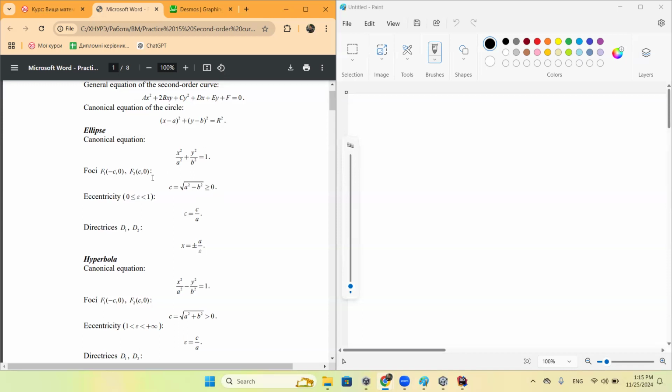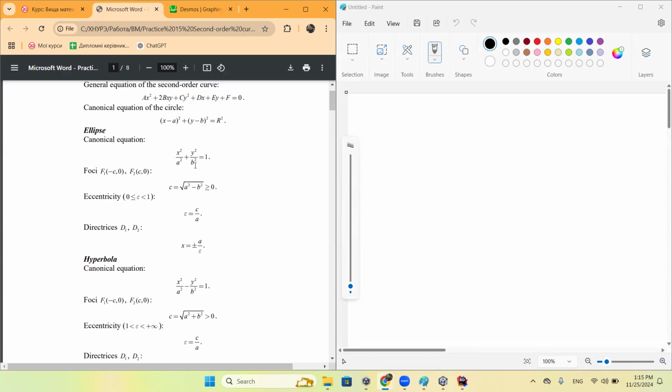The foci coordinates of the ellipse can be found with the following formula, then eccentricity and directrices. By the way, here the ellipse is centered at the origin of coordinates.